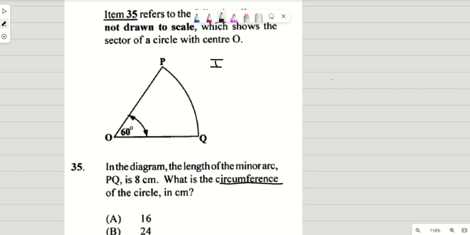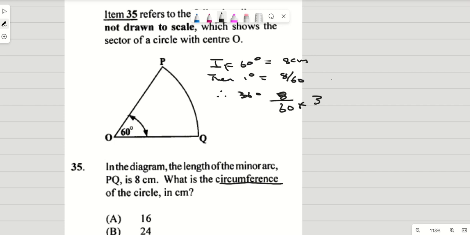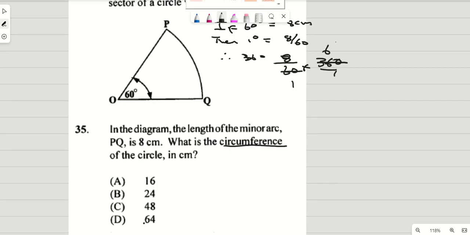So if 60 degrees is equal to 8 centimeters, then 1 degree would be 8 divided by 60. Therefore, 360, which is your circumference, would be 8 over 60 multiplied by 360 over 1. 60 into 360 is 6 times. 8 sixes are 48, so C is your answer.